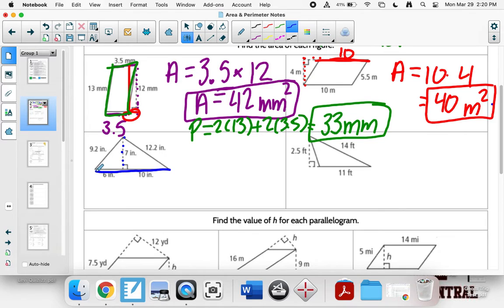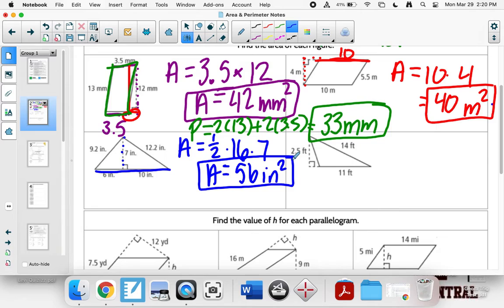So you could break this down into 2 right triangles and do 10 by 7, 6 by 7, and then half. But it's really just easier to take your entire base, which is 16, and your height of 7. So our area is half times our base, 16, times the height, 7, gives us 56. And then inches squared. This is our area.